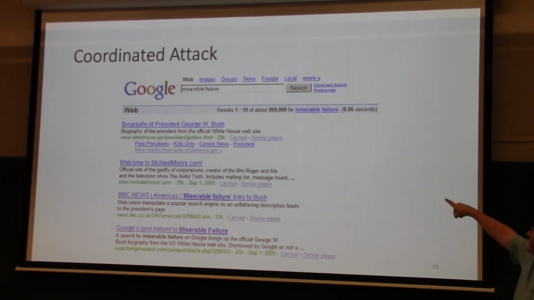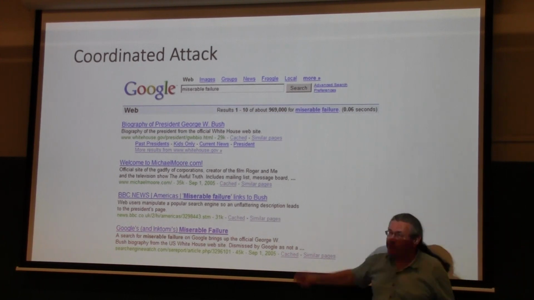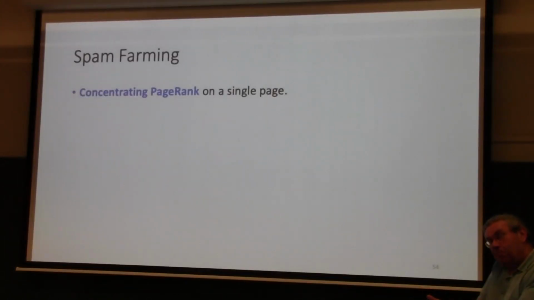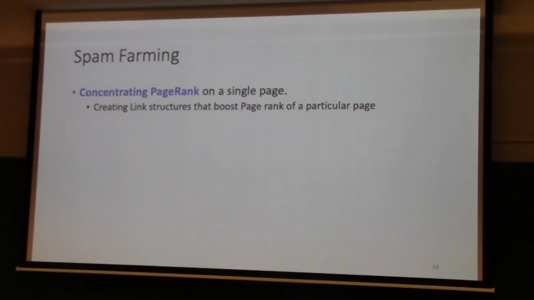It's nice, huh? Miserable failure links to Bush. And it's still done. It's called Google bombing. So how does that work? It's possible to cheat. This is called spam farming. It's possible to create a structure in the graph that concentrates the PageRank of a particular page. Okay, how does that work?